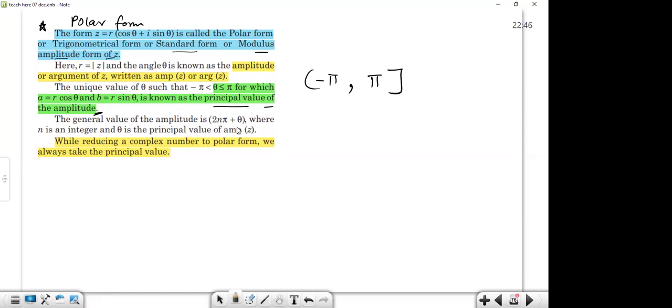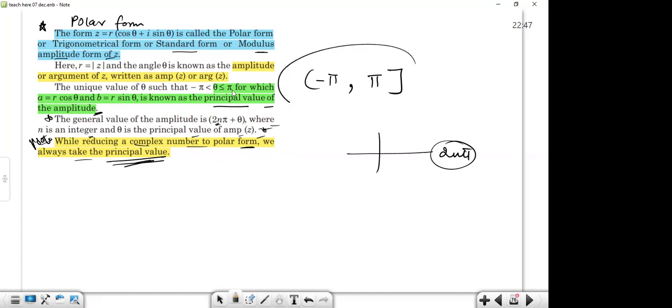The general value of the amplitude is 2n pi plus theta, where n is an integer and theta is the principal value of amplitude. So that's any bookish language. Okay, you know. While reducing a complex number to polar form, we always take the principal value. Okay, note this point. The angle has to be in this domain.